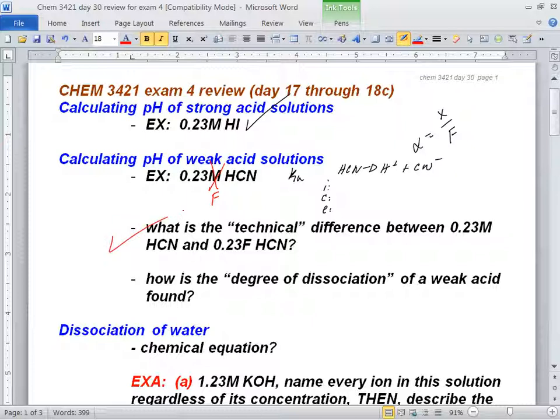How is the degree of dissociation of a weak acid found, Andy? How do you find the degree of dissociation of a weak acid?